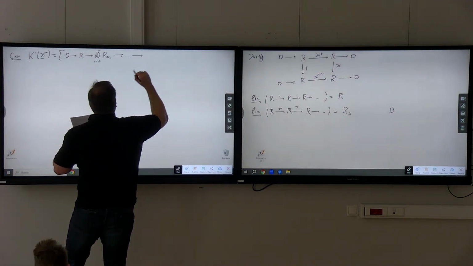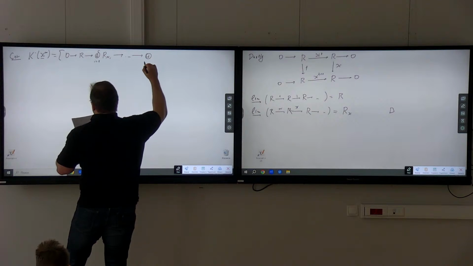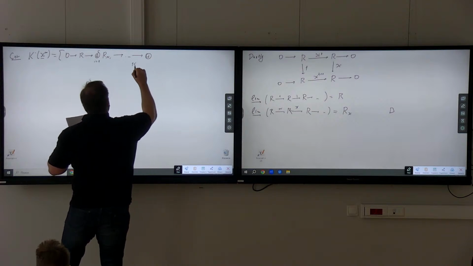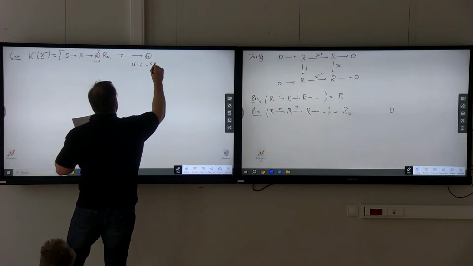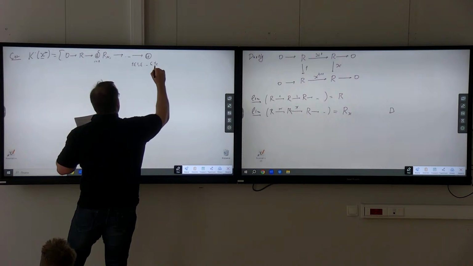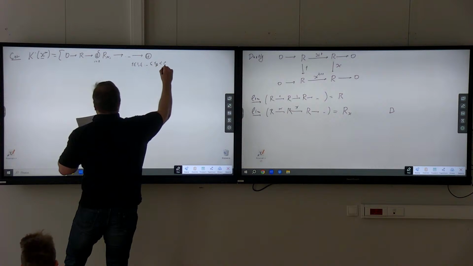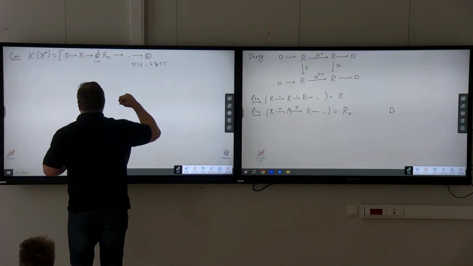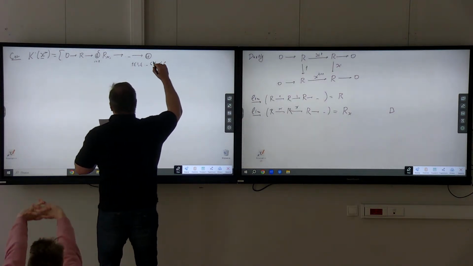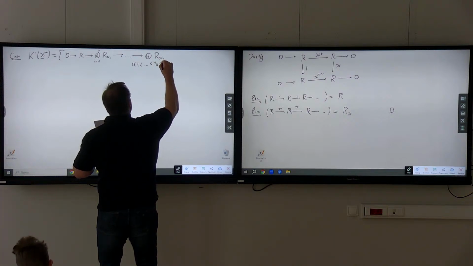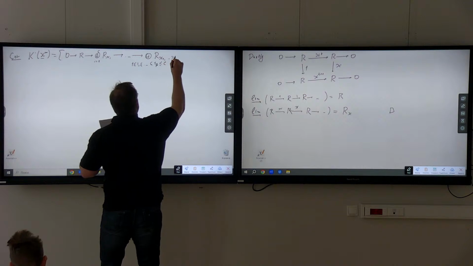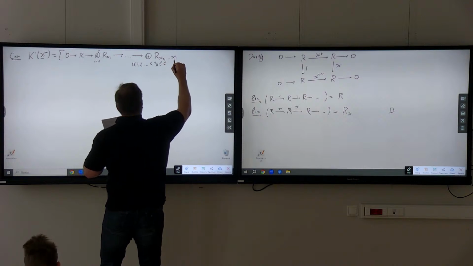So the general term will be a direct sum over indices, say i_1 less or equal than i_2, less or equal than i_p, which is less or equal than c. So kind of multi-index, like in the exterior algebra, and R is localized at x_i1, ..., x_ip.